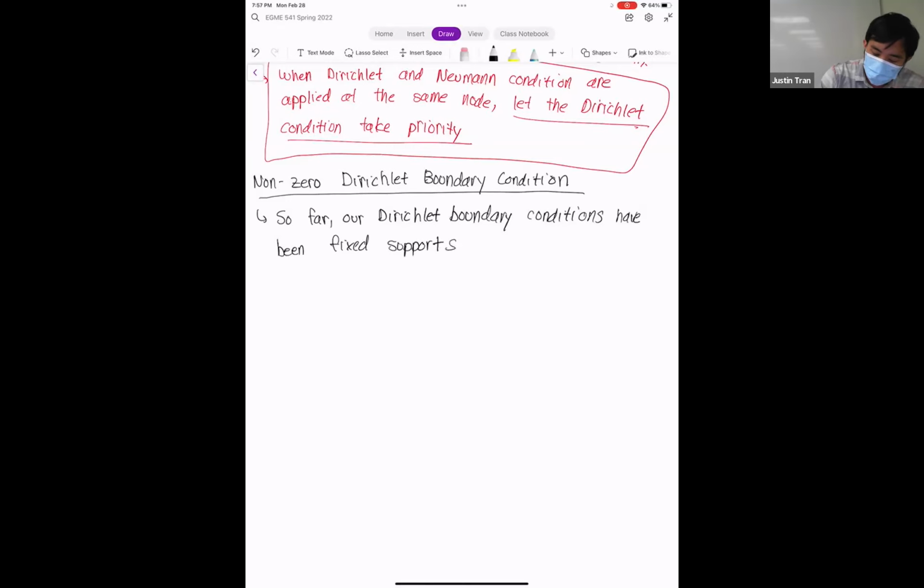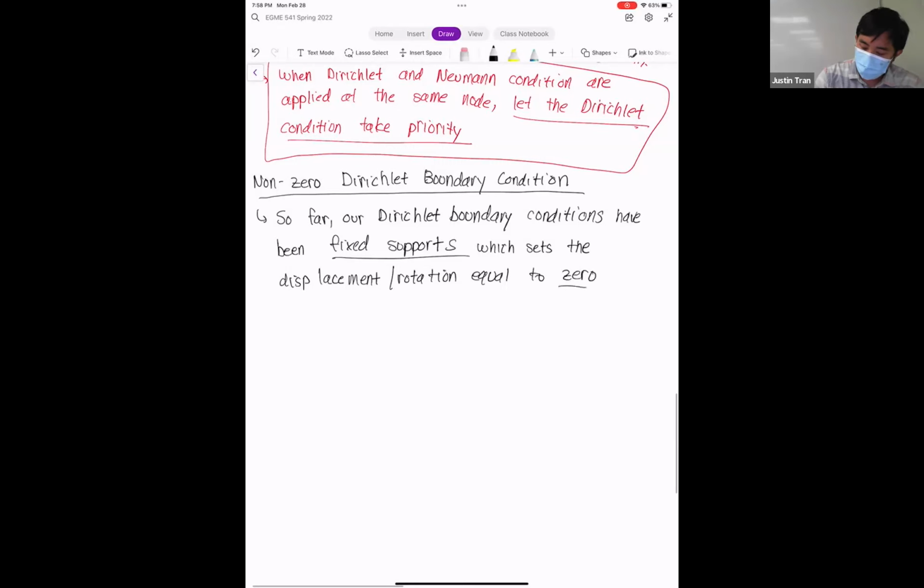We've done pin supports, we've done roller supports as well, but they all have the same effect, which is that they set the displacement or they set the rotation equal to 0. And so fixed support means that it's not going to displace, it's not going to deform. And so we did that by applying a 0.